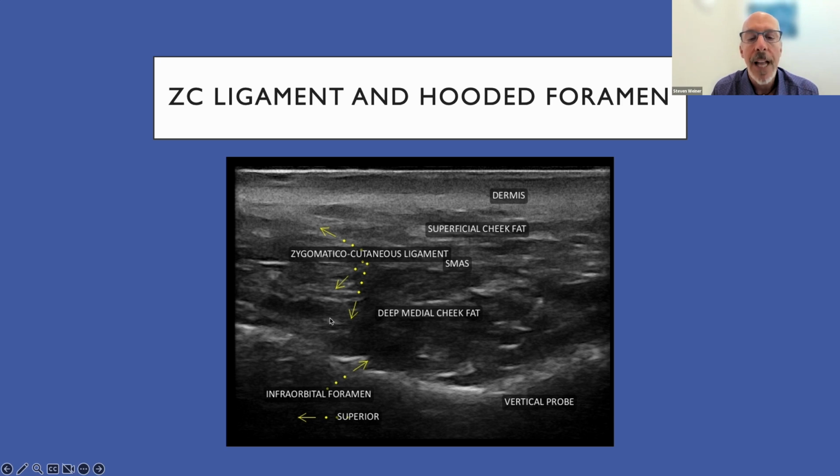Also noted is that the infraorbital foramen is inferior to the zygomatic cutaneous ligament. And if you've seen discussions before about the prezygomatic space injection, which I'd like to use, that is above the ligament. So that prezygomatic space injection, which is above the ligament, below the SMAS layer, protects you from entering that foramen and harming that nerve.